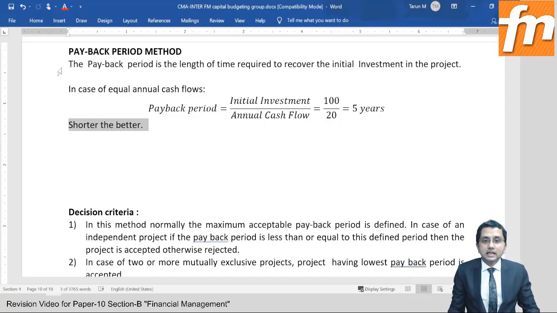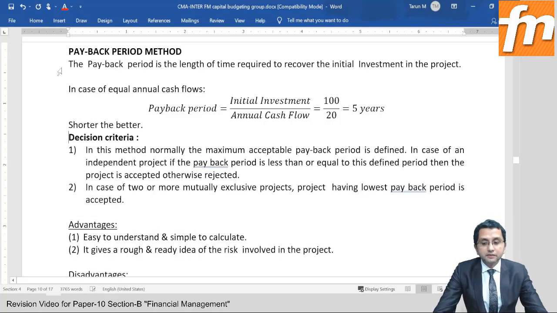On the other hand, if cutoff is 4 years and my payback period for a project is just 3 years, I'll accept that proposal. So in case of independent proposal, if payback period is less than the cutoff period, I will accept the proposal. If it is more than the cutoff period, I will reject the proposal. In case of 2 mutually exclusive proposals, I'll accept a project with lower payback period.